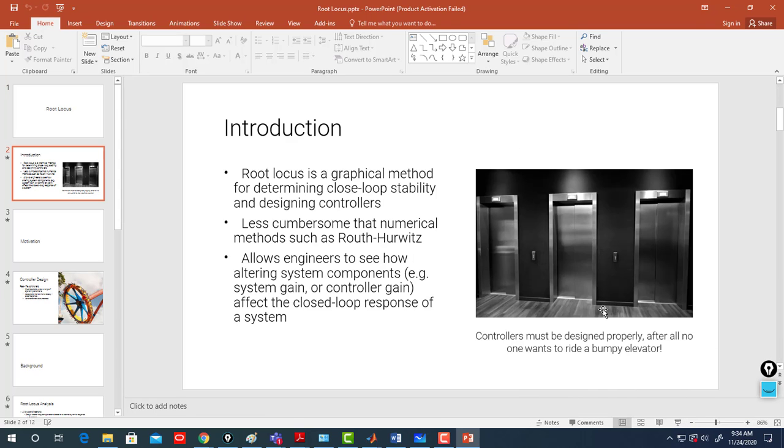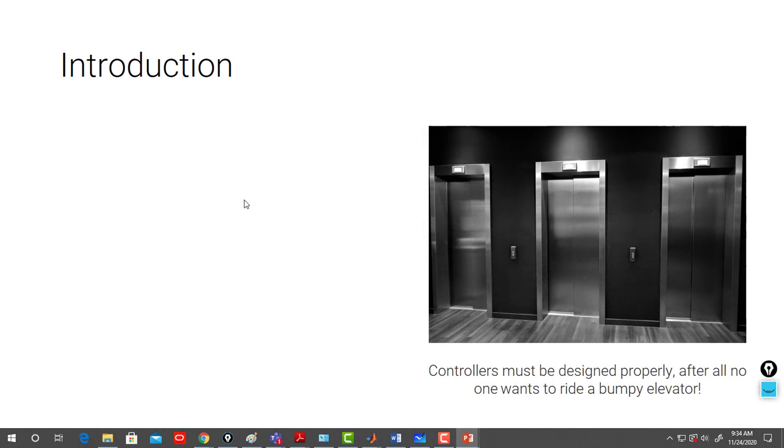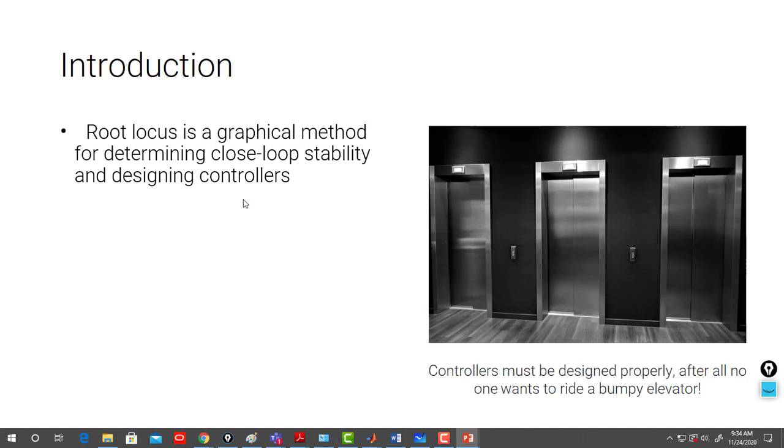So what is root locus? Basically, it is a graphical method for determining closed loop stability and designing controllers. So we know the stability in closed loop, and we can use this graphical method to design controllers.